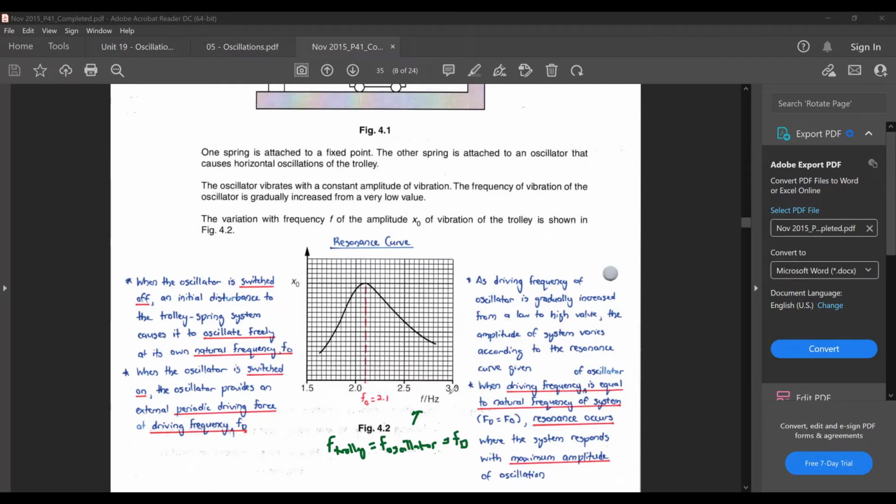This f_D is referring to that. It is the frequency of your trolley, it's also the frequency of your oscillator, and it is actually your driving frequency here.